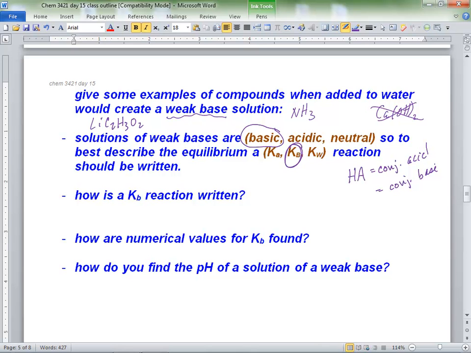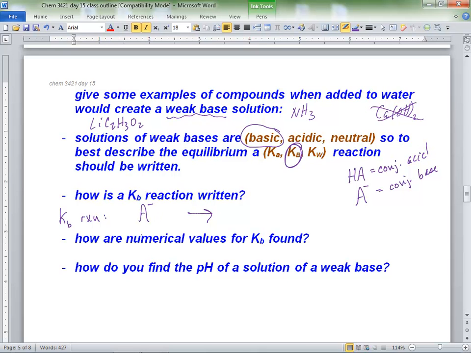Just rip off an H+, and you're left with A, but with a charge, has to be a negative. There's my conjugate base. So a Kb reaction needs to be written this way. That conjugate base, Kevin, is probably on the reactant or product side? The reactant. Okay.